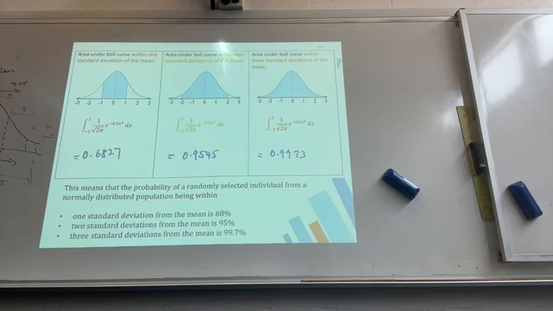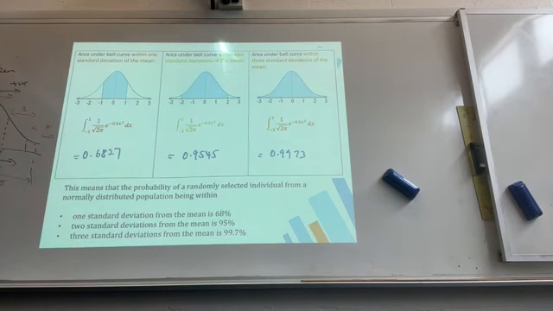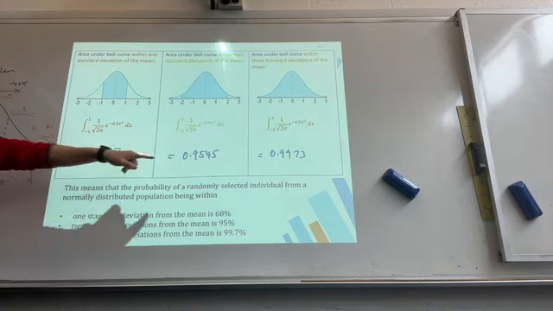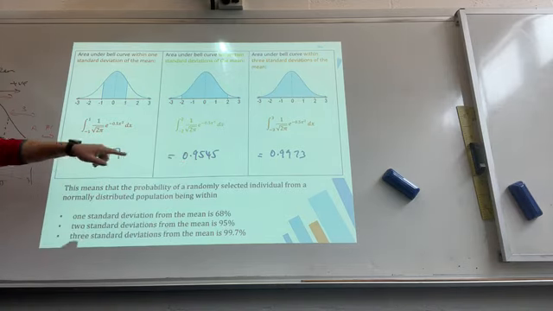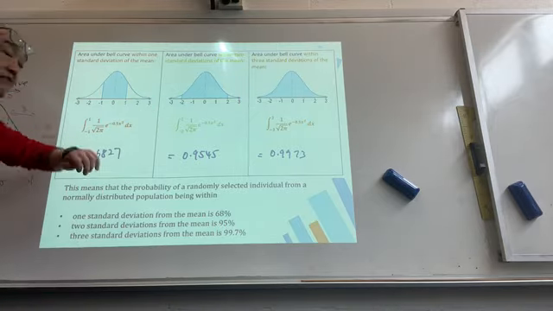But for ease of calculation, we use 68%. Between 2 standard deviations is 95%, or 95.45. For the sake of calculation without a calculator, we'll just use 68 and 95%. Whereas 3 standard deviations is 99.7%.